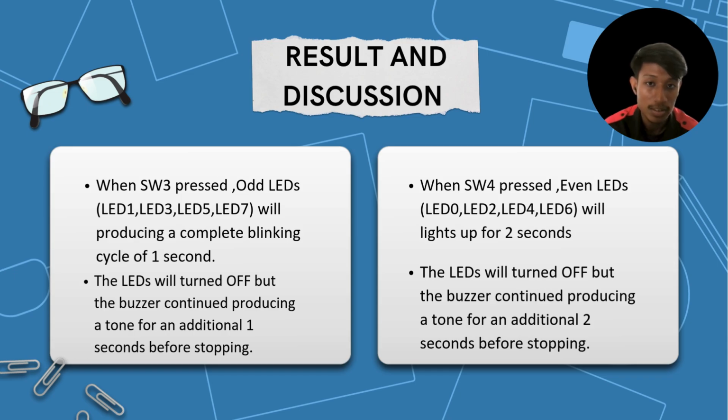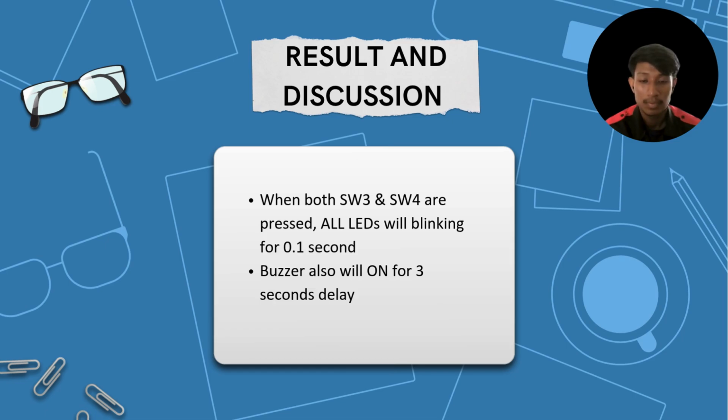So basically, the buzzer will be on for 4 seconds. Okay, the next one, when both SW3 and SW4 are pressed, all LEDs will blink for 0.1 second. The buzzer will also be on for 3 seconds.